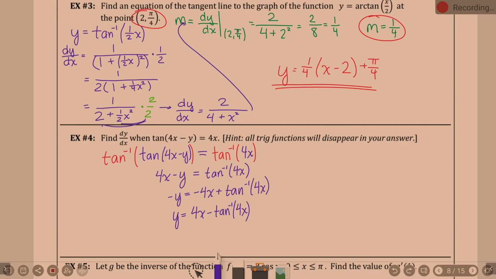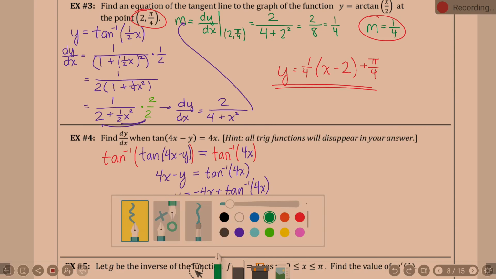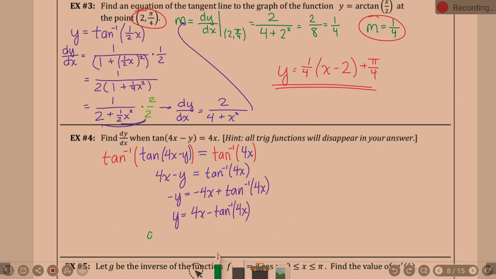Then y is equal to 4x minus tan inverse of 4x. Now we're ready to take the derivative. The derivative of y is dy dx equals, well, we get to start off easy. What's the derivative of 4x? 4. Minus the derivative of tan inverse of something.